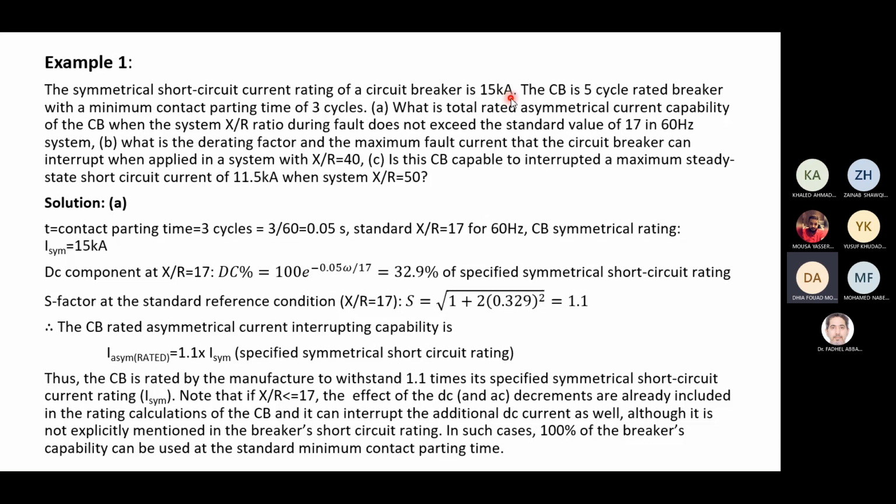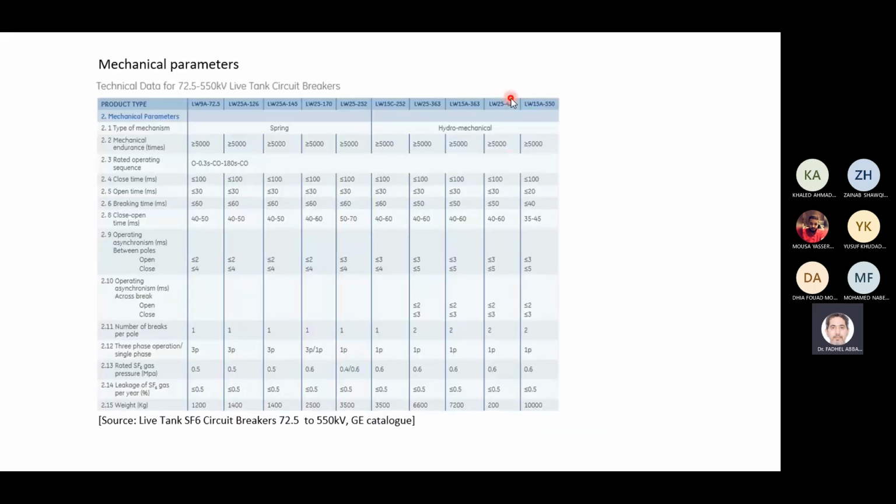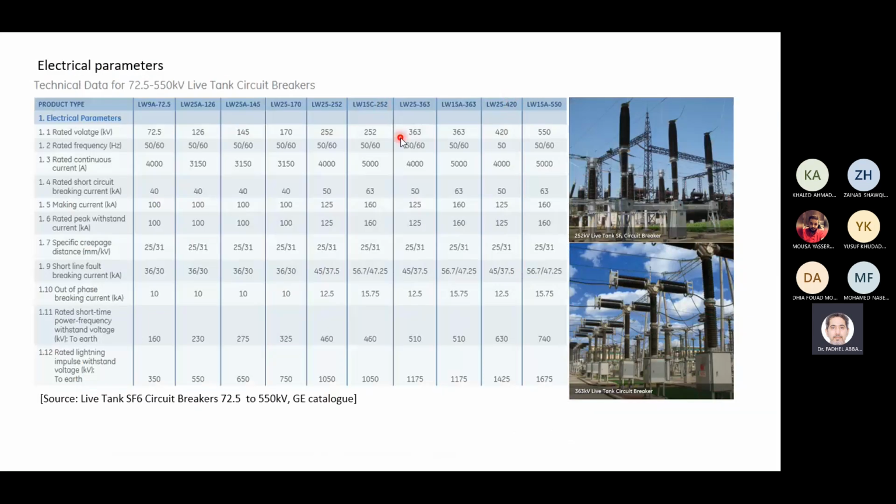The symmetrical short circuit current, doctor. Okay, the manufacturer gives us that the circuit breaker can handle this. It is the same as this rating. Now we said it is similar to the rated short circuit current here.